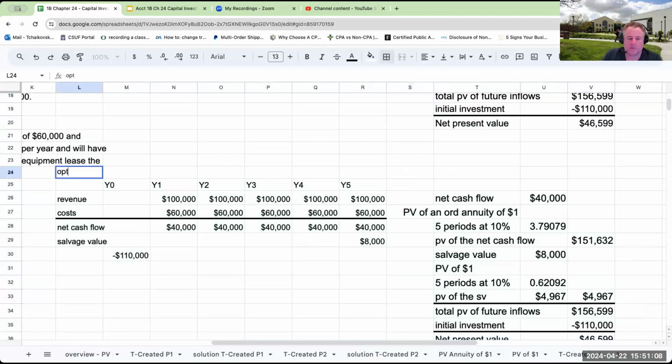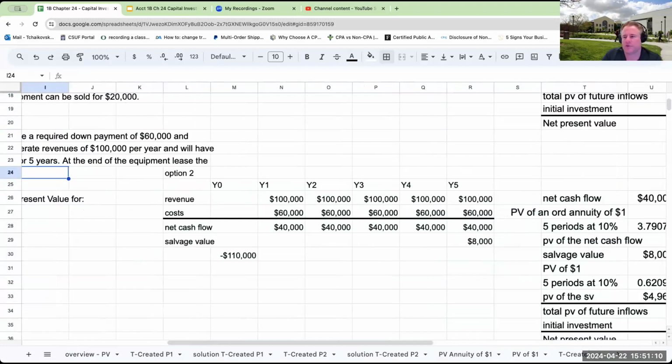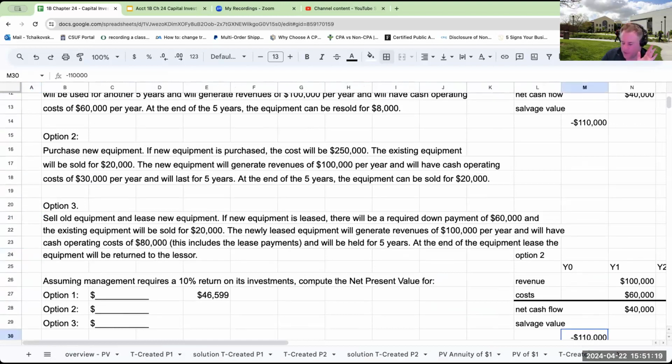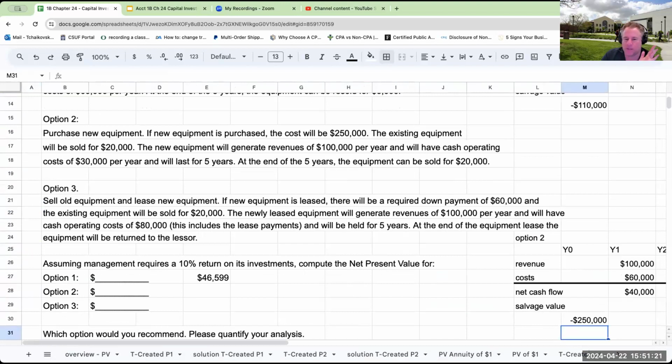So for option 2, when I look at option 2, we're purchasing new equipment. If the new equipment is purchased, the cost will be $250,000. However, I can sell the existing equipment for 20.